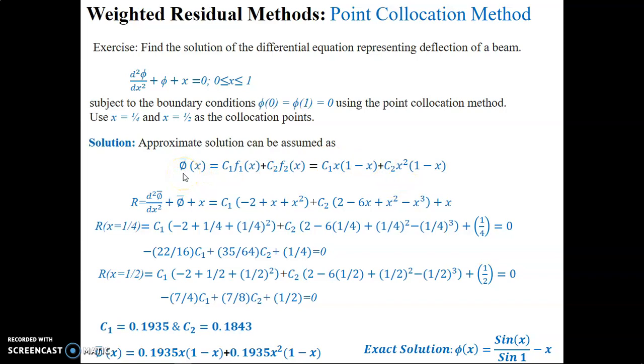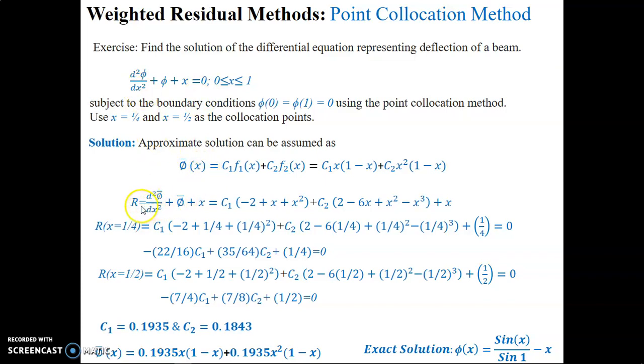Now as we have approximated the solution, let us apply it into the partial differential equation. When we substitute phi into the partial differential equation, theoretically we have to get 0, that will be the exact solution. But now we have approximated this solution, so this will not be equal to 0.